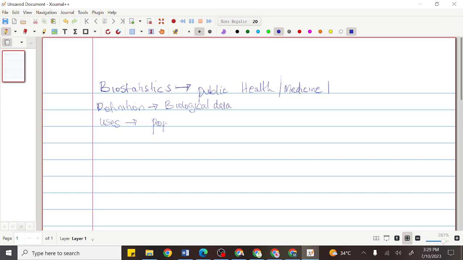Okay, in populations, that's the key word that I want us to look at. That means that we have a given community of individuals that we want to make sure that we improve their health outcomes. So basically, we want to improve their health.